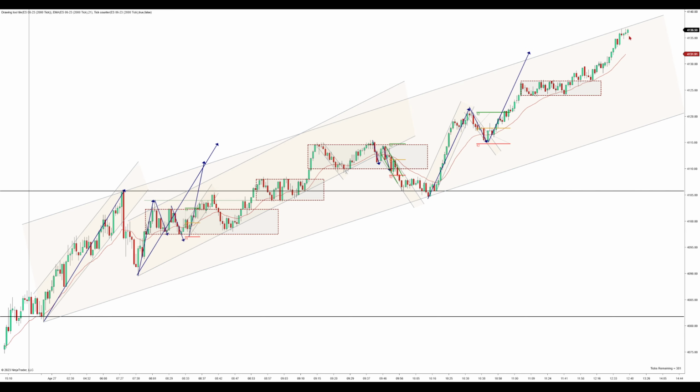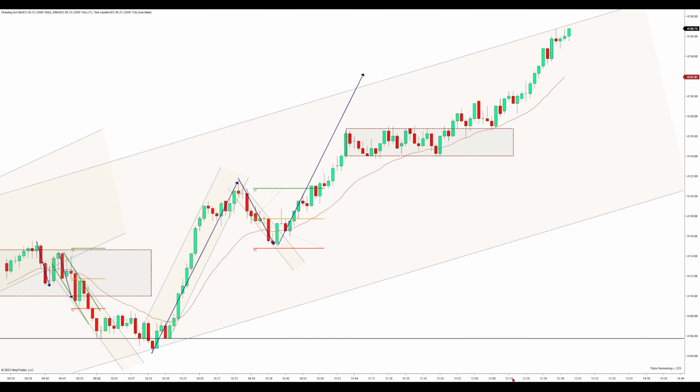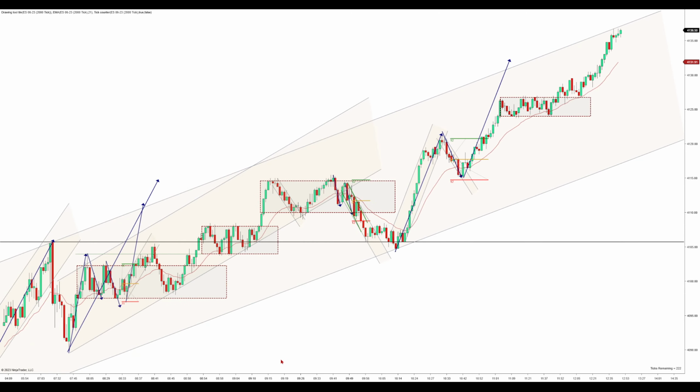So if you only get a first entry, what'll likely happen is you'll enter long, say after a first entry, you'll get trapped, and then it'll make a second leg down and then go right where you thought it was going to go. Because range rules and trend rules, they're very similar.